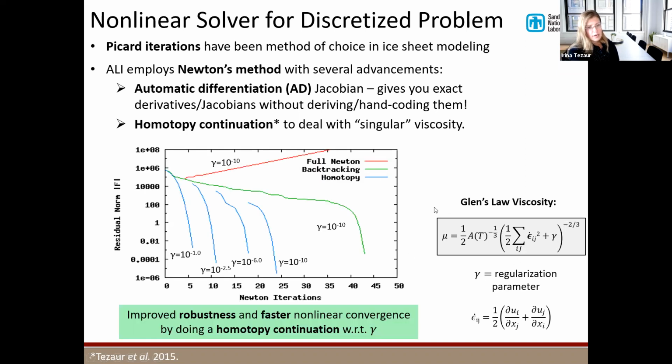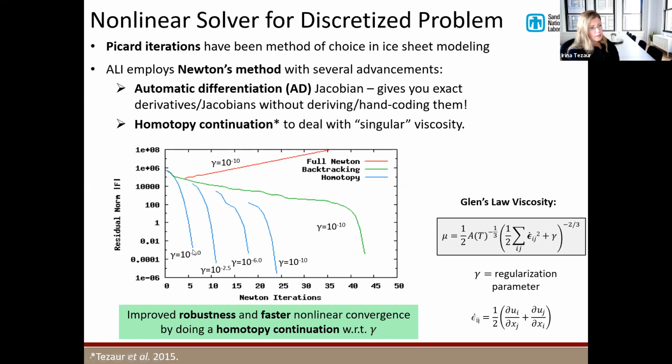And so what we discovered is that we can actually accelerate our Newton solver if, instead of fixing this gamma, we do a homotopy continuation with respect to gamma. What I mean by that is we solve a sequence of problems. We start with gamma very large, like 10 to the minus 1. We solve that problem. It's going to be close to linear because that value is very large compared to the rest of this.